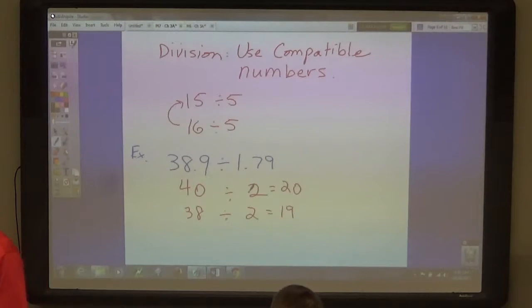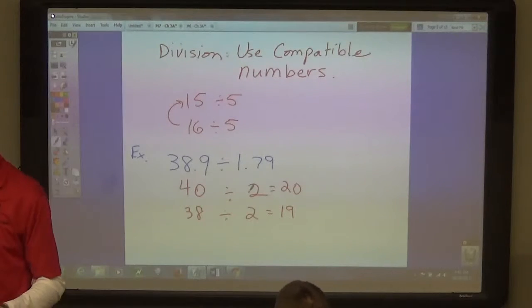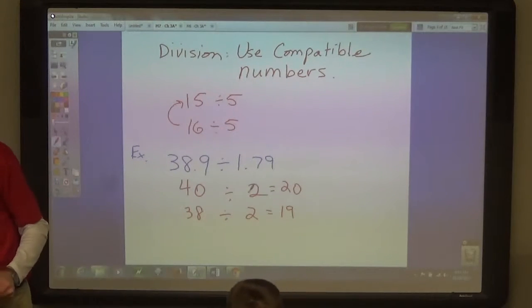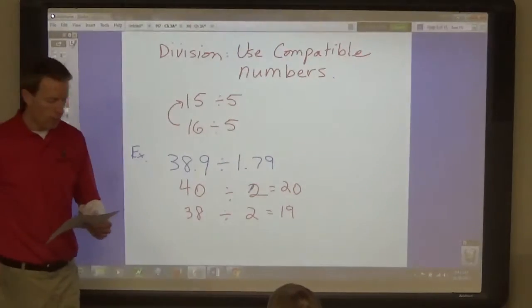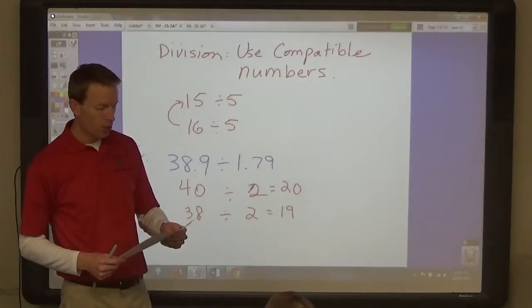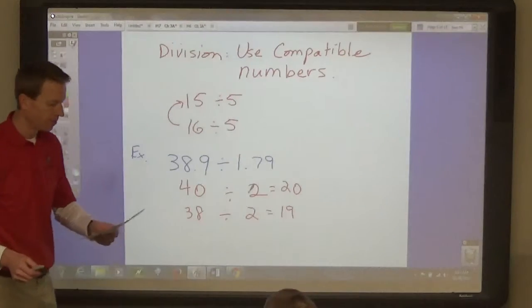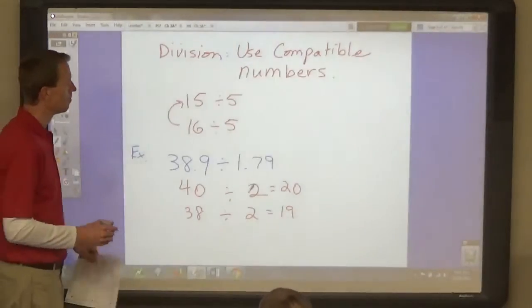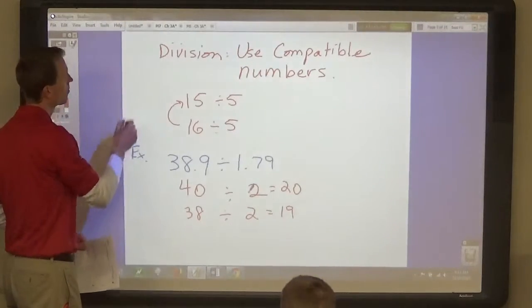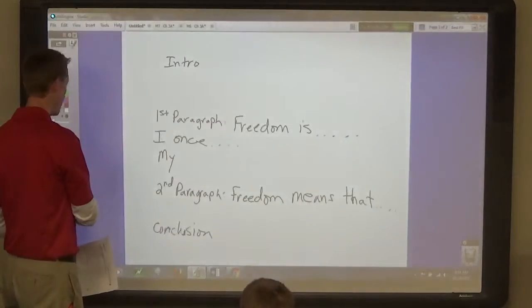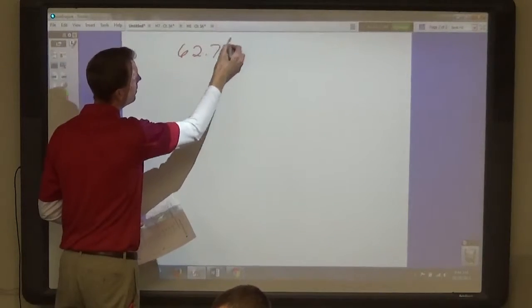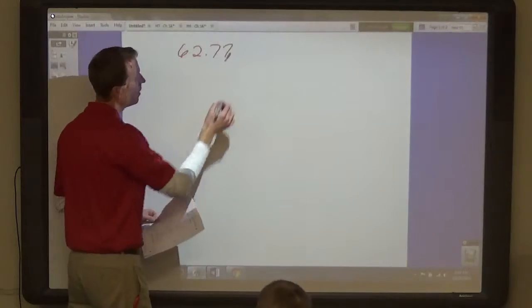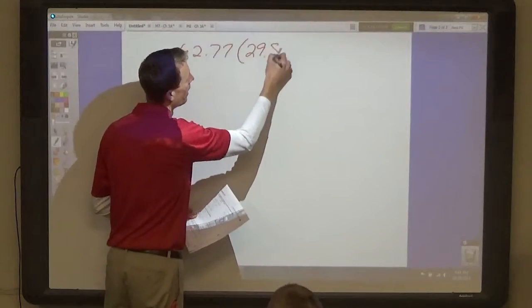So, let's start with the first one. It says determine whether the product or quotient is reasonable. Start with the first one. And round those to use front-end estimation. Okay? So, $62.77 times 29.8.